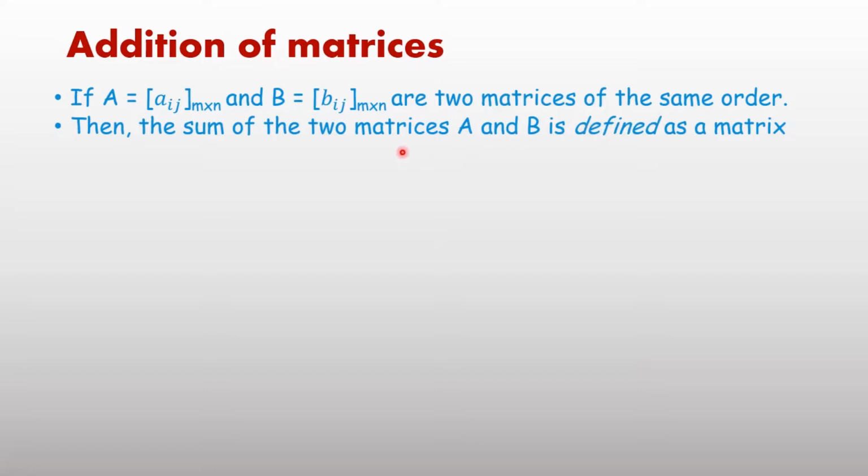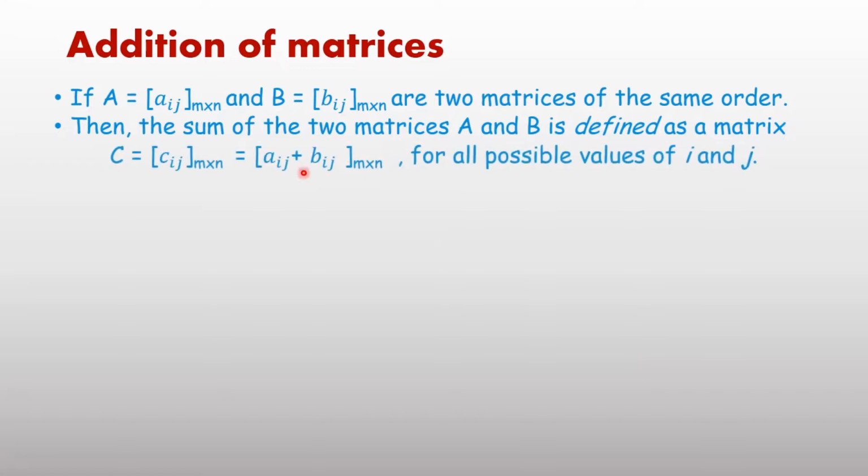It implies for addition of two matrices, it is necessary the order of both should be same. And in that situation, the sum of two matrices is defined as a matrix C of order m by n whose value is Aij plus Bij.